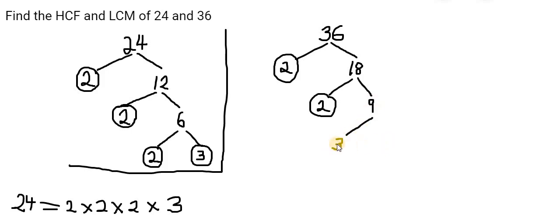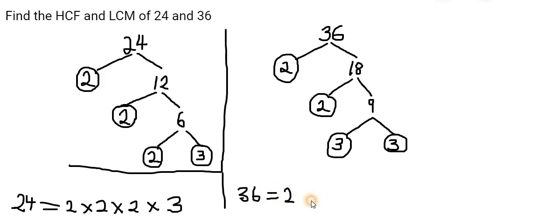The number that goes with 3 to make 9 is another 3. They're both prime numbers, so circle that. So, for 36, you gather all the circled numbers. That's 2 times 2 times 3 times 3.